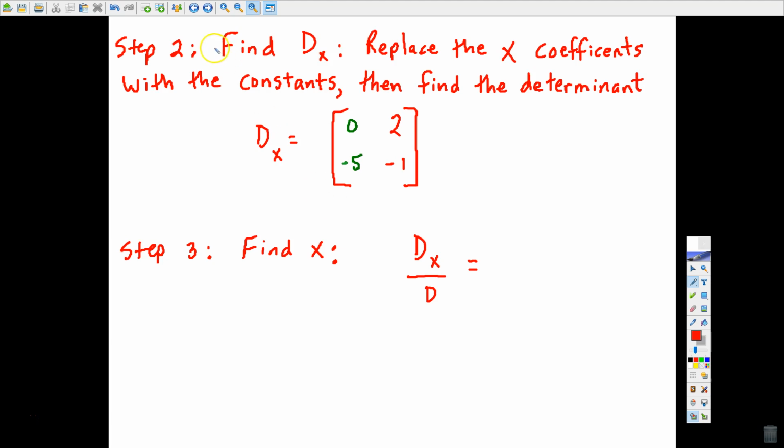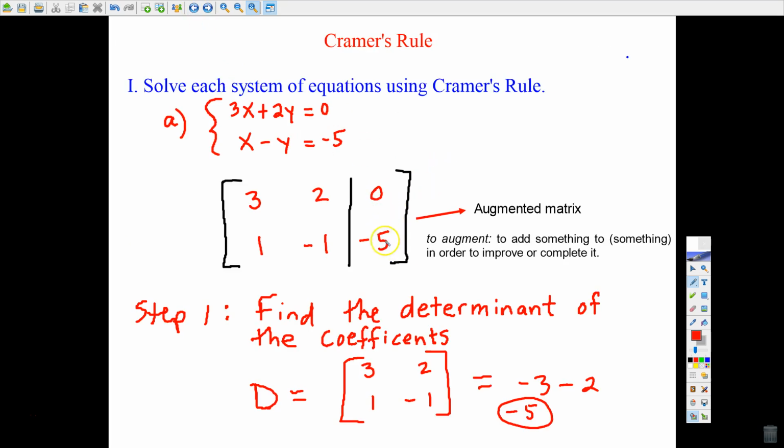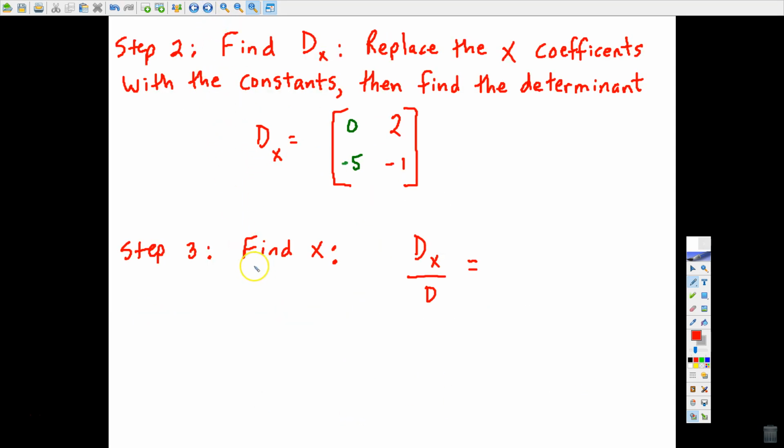If you go back to or look at that slide, I took these constants and I just brought them over and literally replaced the x coefficients. And now I'm going to do another determinant. So Cramer's rule with 2x2 matrices involves 3 determinants. All right, multiply A times D, 0 times -1, that's 0. Minus, multiply B times C, that's -10. And when I put those together, I get D sub x is 10.